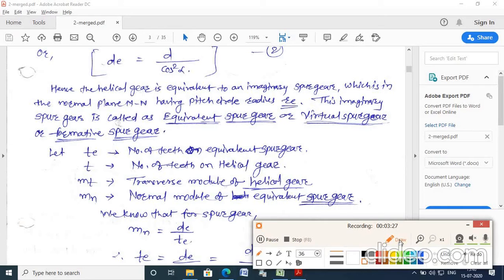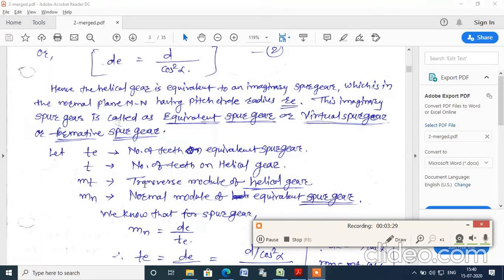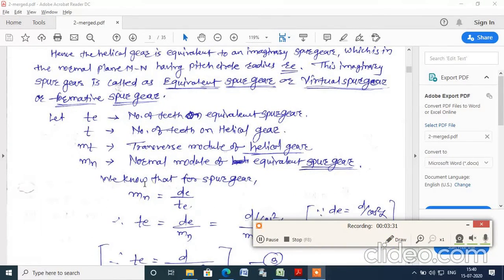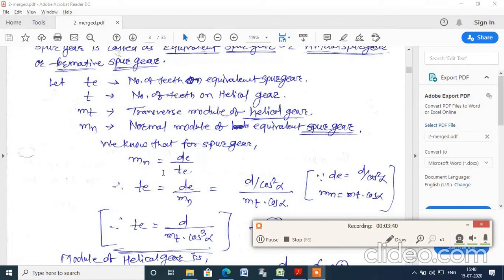As we know, module Mt is the transverse module of the helical gear and Mn is the normal module of the equivalent spur gear. So what is module? Module is pitch circle diameter divided by number of teeth. Already we have learned this in unit number 1. So Mn is equal to DE upon TE.